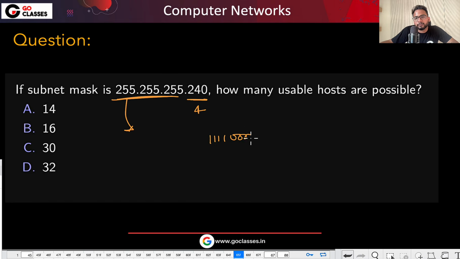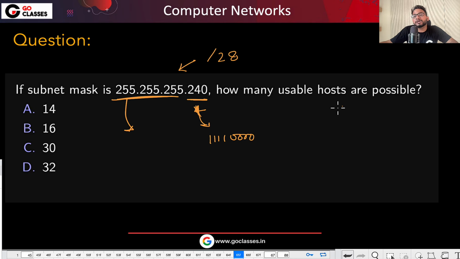If you represent it in binary, it will be something like this. So 24 plus 4, 28. This is /28.